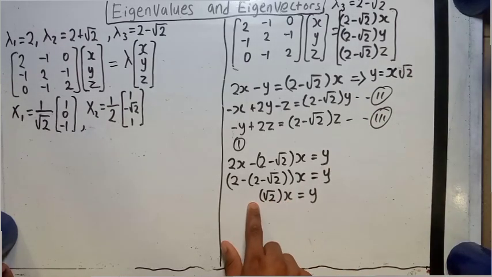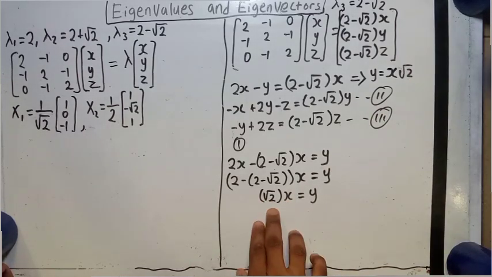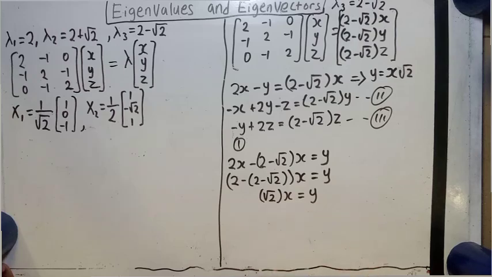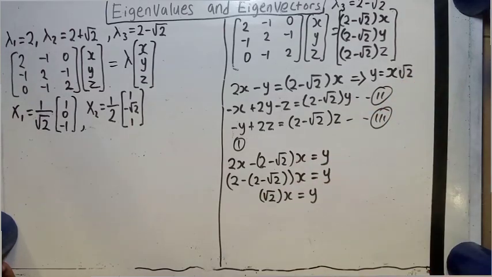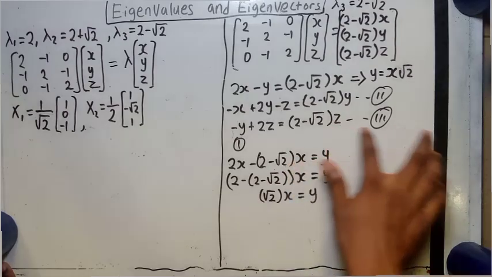I brought my x in front. This is why I put brackets whenever it's at the back, so that you will not think that the square root is also covering the x. The x is not covered by the square root. So a better representation is this. Now we have solved for the y. Just do for the third one.